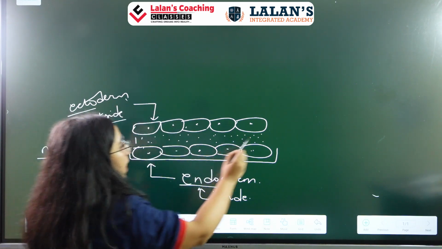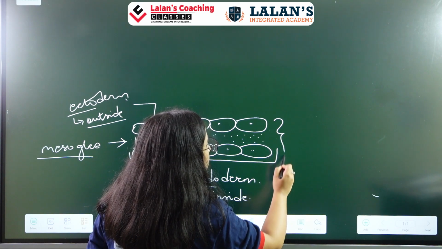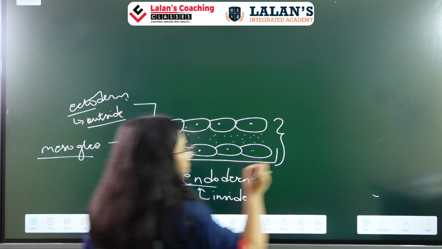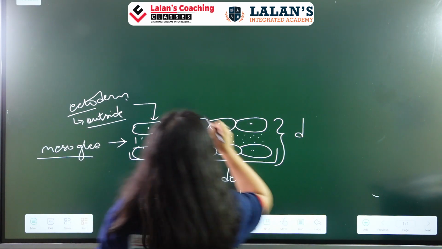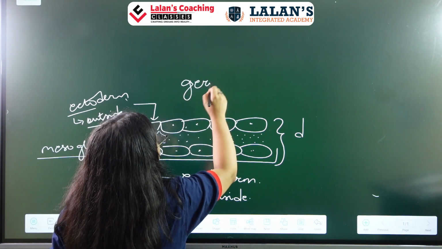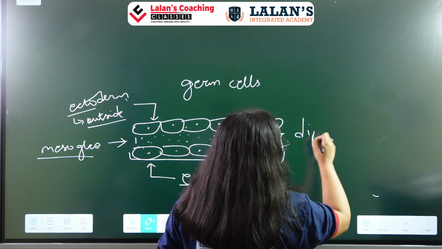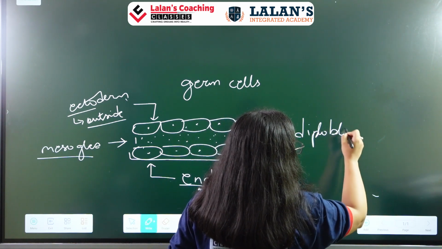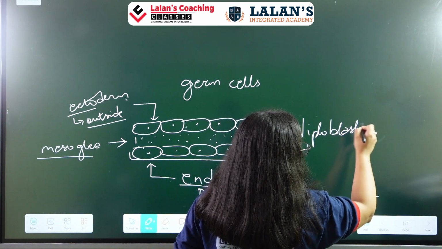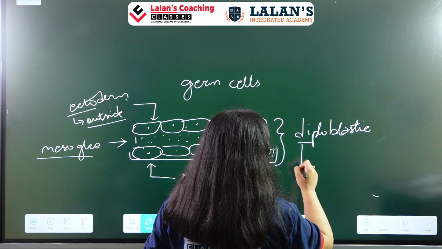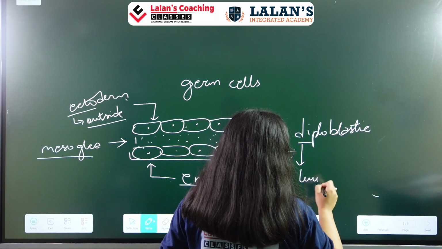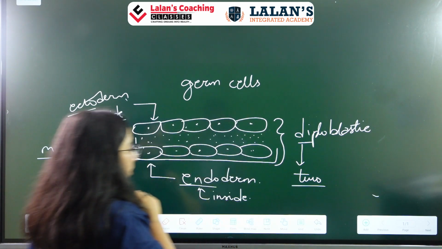If an organism is made out of only 2 layers of germ cells to be specific, then it is called a diploblastic organism. Diploblastic, where di signifies 2 for 2 germ layers.